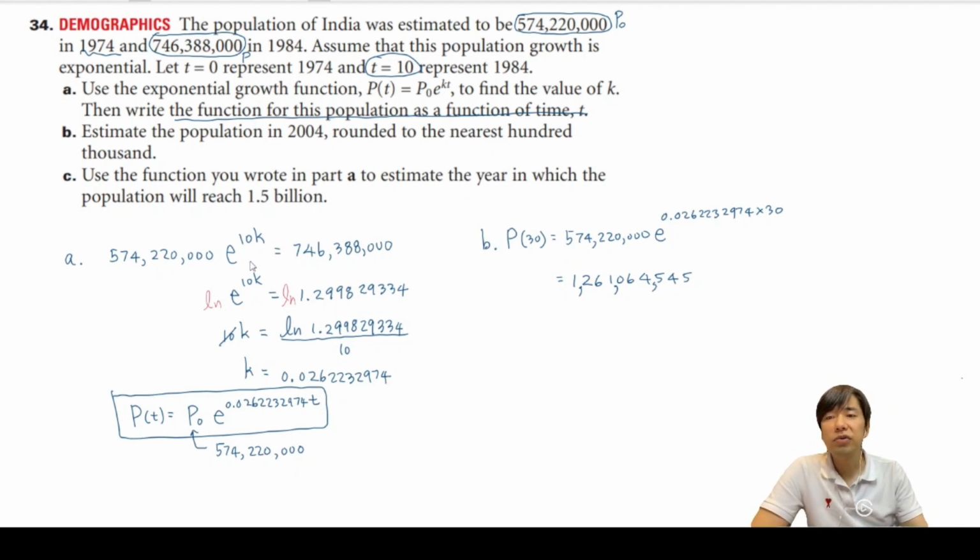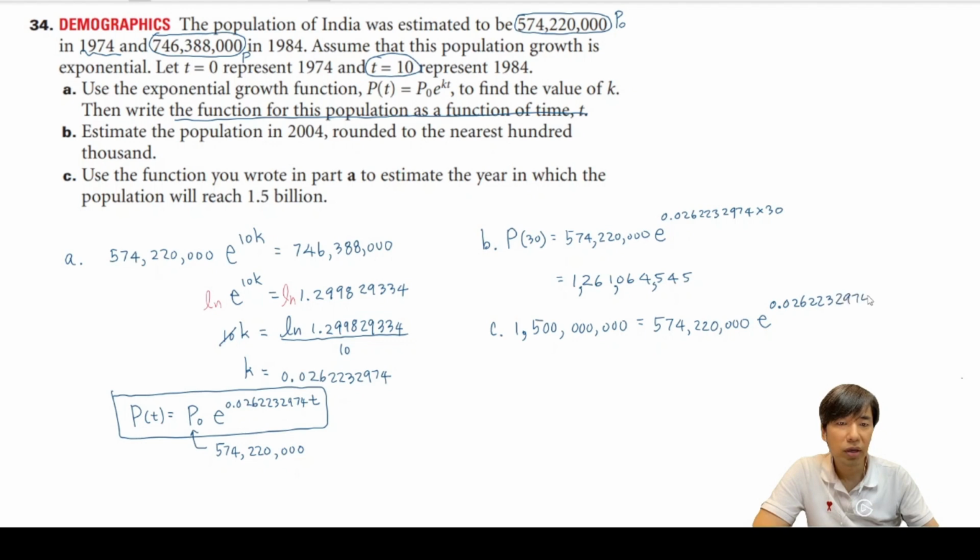C, use the function you wrote in part A to estimate the year in which the population will reach 1.5 billion. So you put 1.5 billion here, and you still have this much for the right hand side, e to the power of 0.0262232974 t.